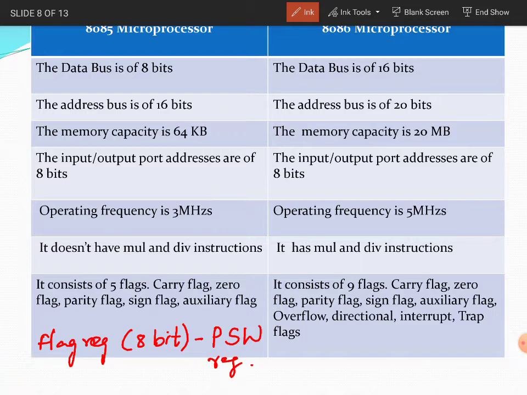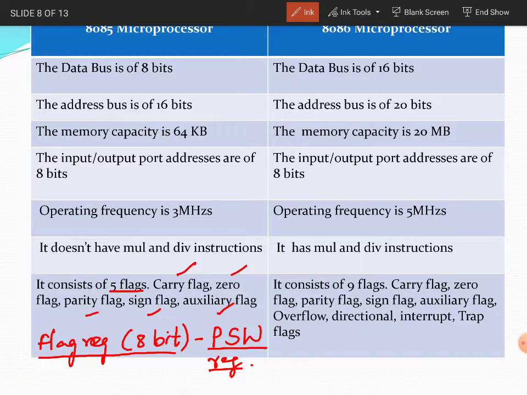So the 8085 microprocessor has an 8-bit flag register or program status word register. And how many flags? 5 flags: carry flag, zero flag, parity flag, sign flag and auxiliary carry flag.